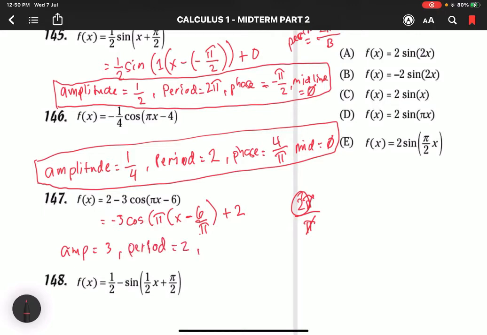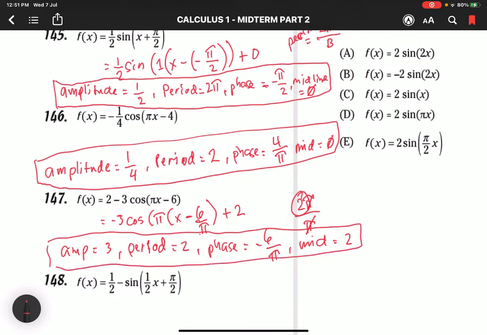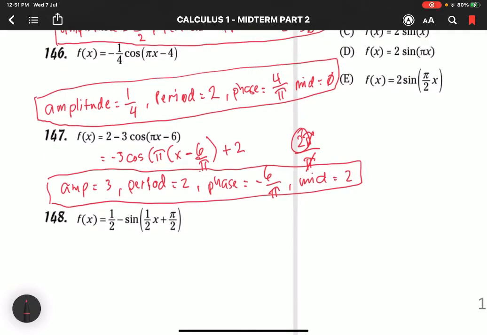And then, phase shift natin, remember, hindi yan absolute value, ay negative 6 over pi. And then, ang midline natin equals 2. Ito ang sagot natin for 147.